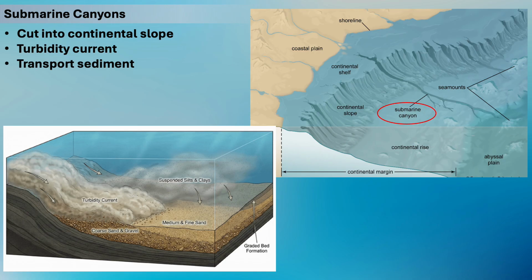Over time, repeated turbidity currents carve submarine canyons and deliver sediment to deeper parts of the ocean basin, including the continental rise and abyssal plain. These processes provide an important connection between continental margins and the deep sea floor.